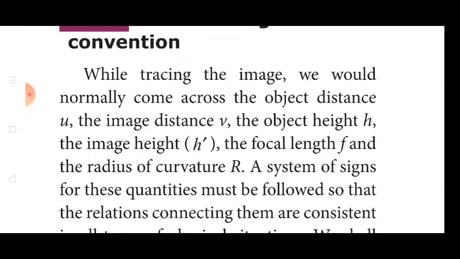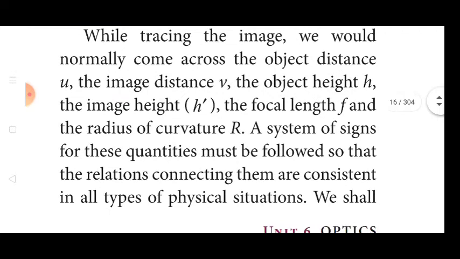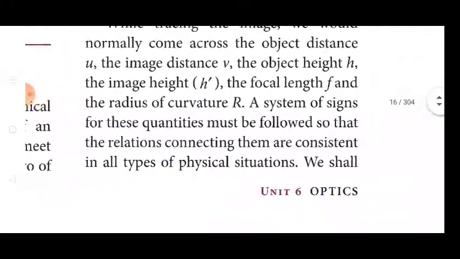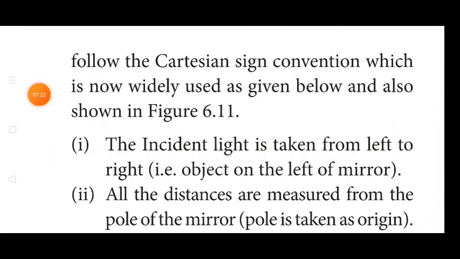A system of signs for these quantities must be followed so that the relations connecting them are consistent. In all types of physical situations, we shall follow the Cartesian sign convention, which is now widely used as given below and also shown in diagram 6.11.